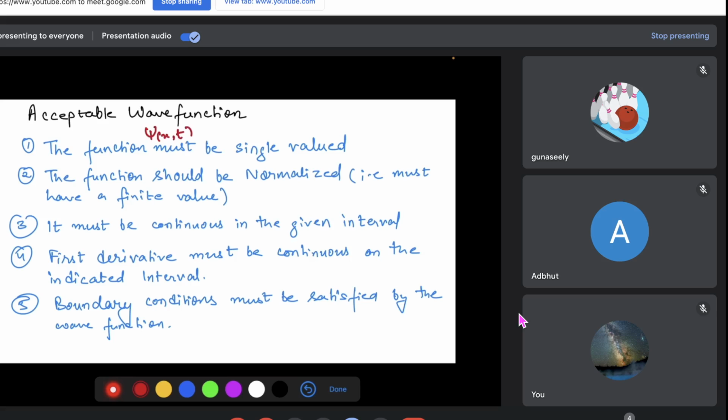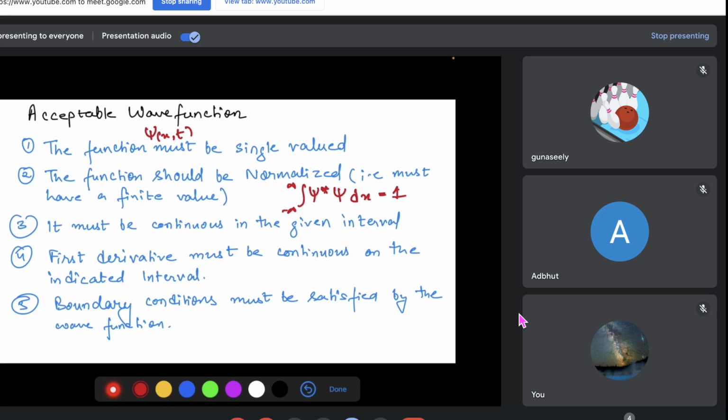The function should be normalized. Normalized means that the integral of psi star multiplied with psi should be equal to 1 from minus infinity to infinity.